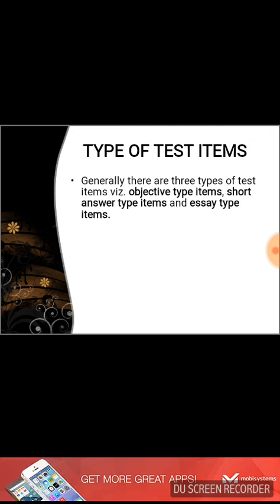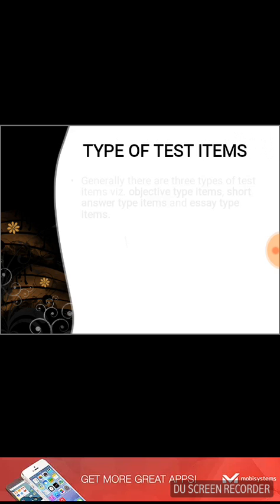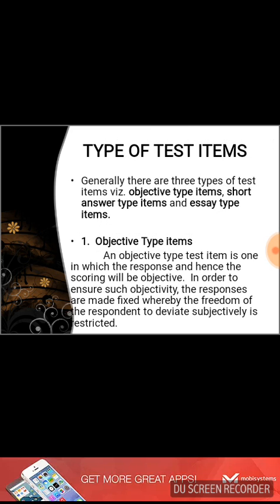Now, the types of test items. Generally, there are three types of test items. First one is objective type items, second one is short answer type items, and third one is essay type items. What are the objective type items?